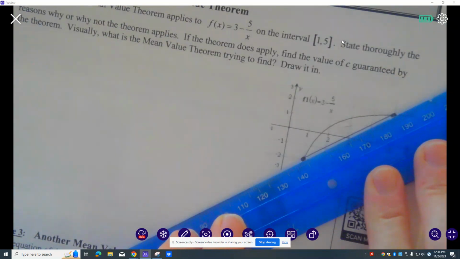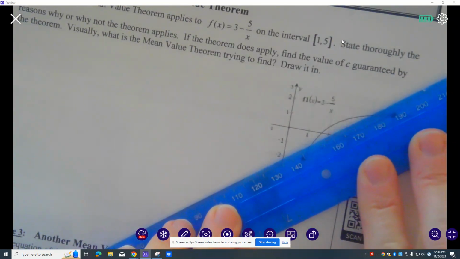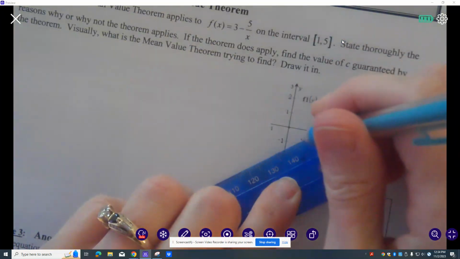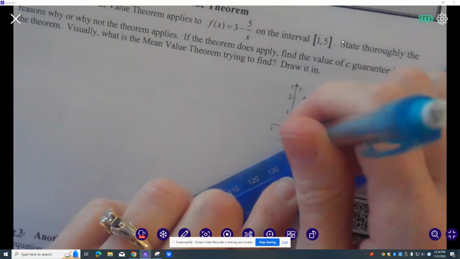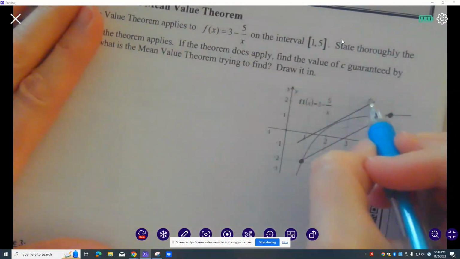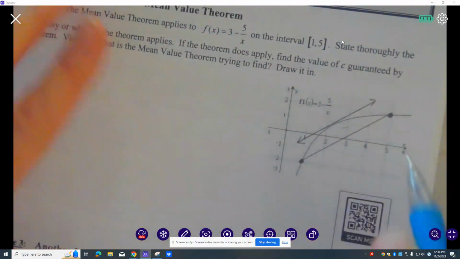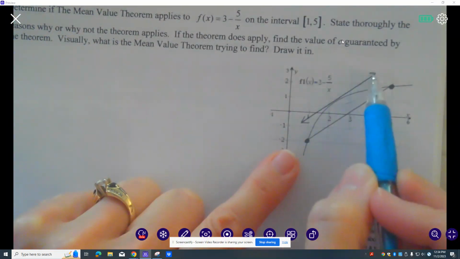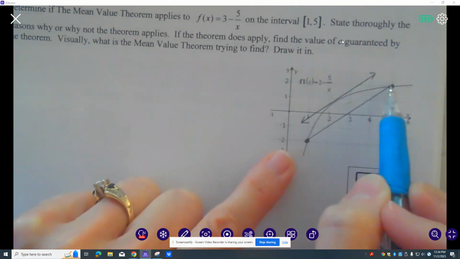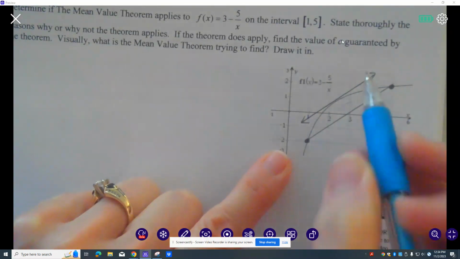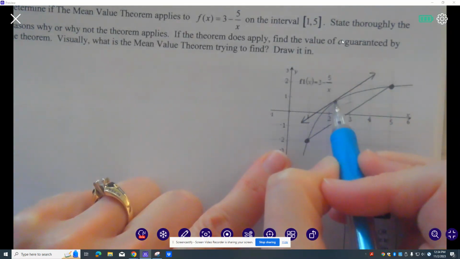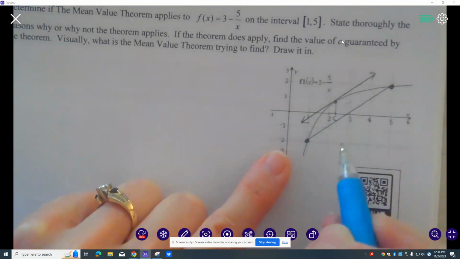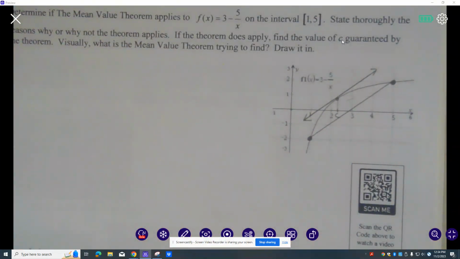So take your ruler and slide it, keeping that same slope until you're tangent to the curve. And it says there exists a point, there it is, right there, C, where the slope of the tangent line is the same as the slope of the secant. So if our drawing's decent, our C should end up to be right about there.